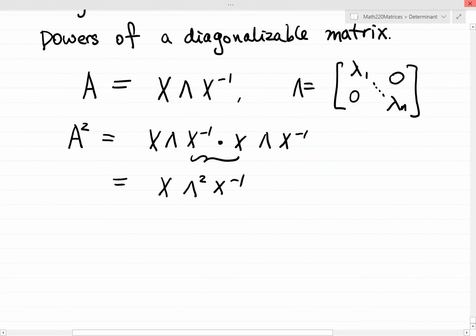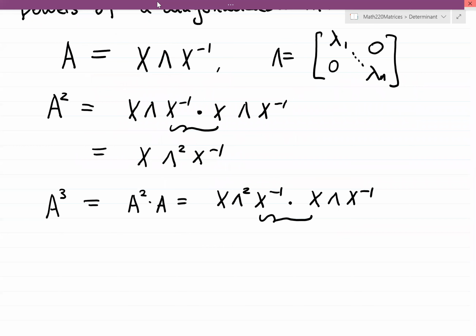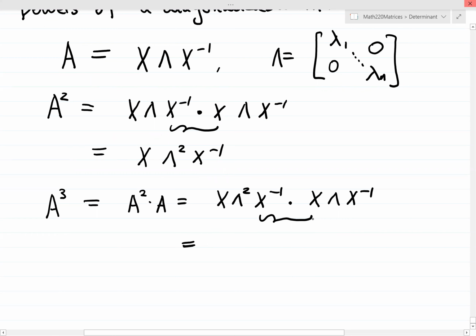So now if you do A cubed, this will be A squared times A, which is X gamma squared X inverse times X gamma X inverse. Again, X inverse times X is the identity matrix, so they cancel out. Finally we get X gamma cubed X inverse.